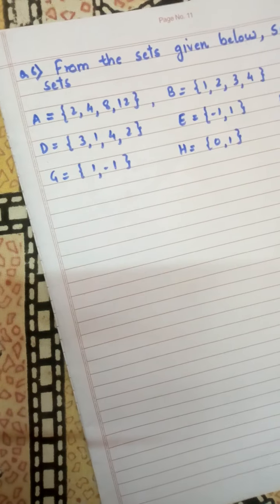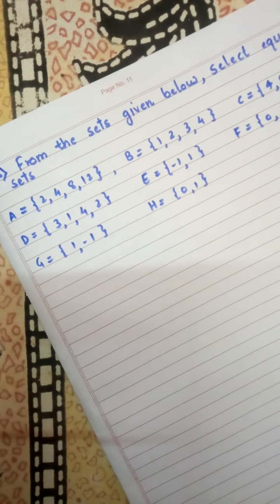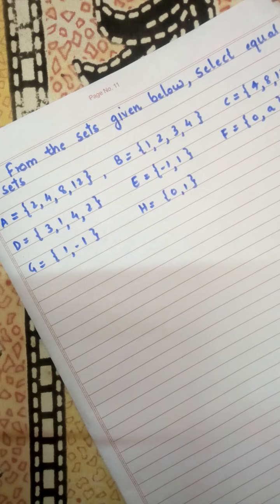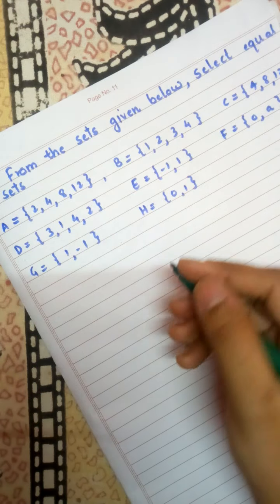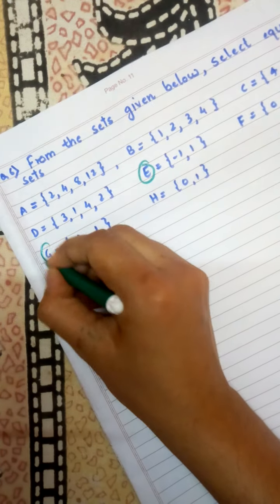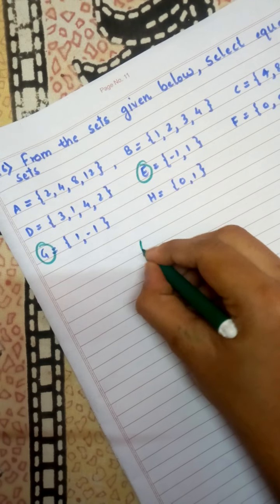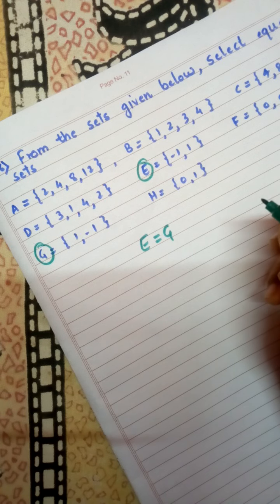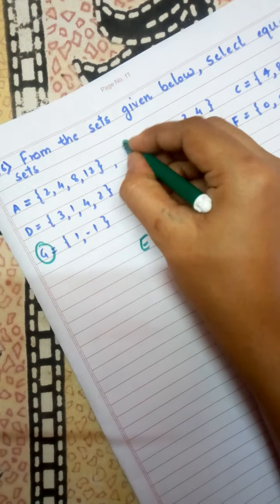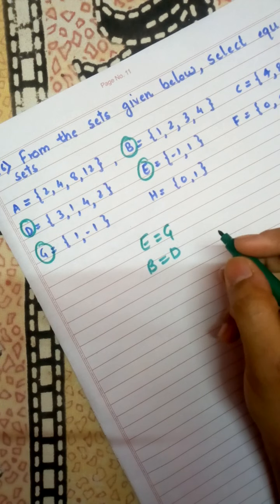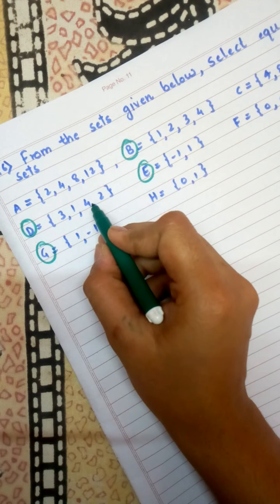Now moving to the last question, it says that from the sets given below, select the equal sets. Now from here we have to select the equal sets. One we can clearly see is E. This E is equal to G because both of them have the same elements, that is 1 and minus 1. And the next we can see is B and D, because B has 1, 2, 3, 4 and D has 3, 1, 4, 2.